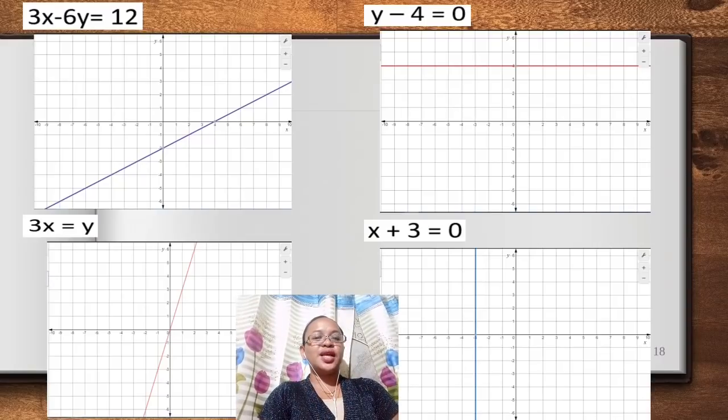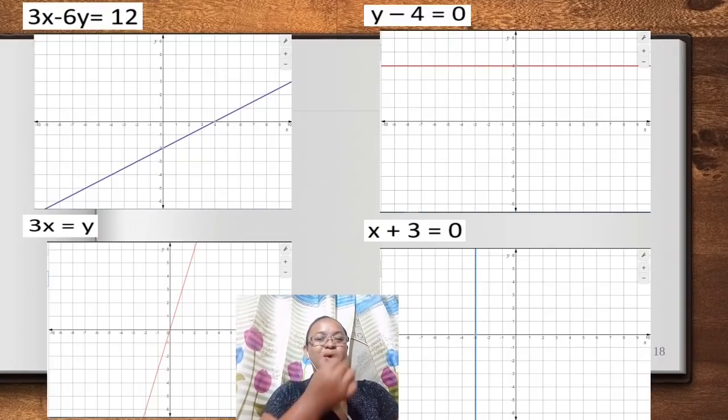So if you are looking at a stairway, in the graph in number 1, linear equation number 1, it's okay if you walk on that stairway. It's not that steep. But if you walk on a stairway with the steepness like this in number 2, 3x equals y, that is really dangerous.